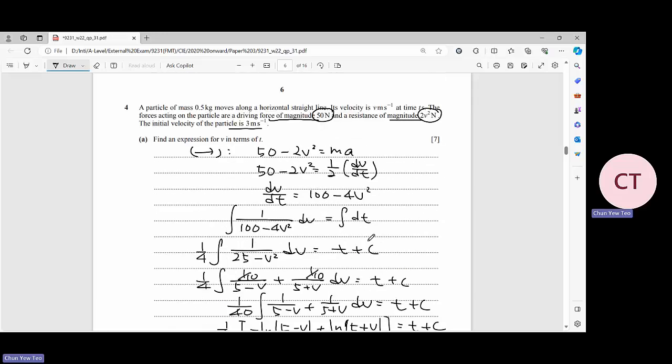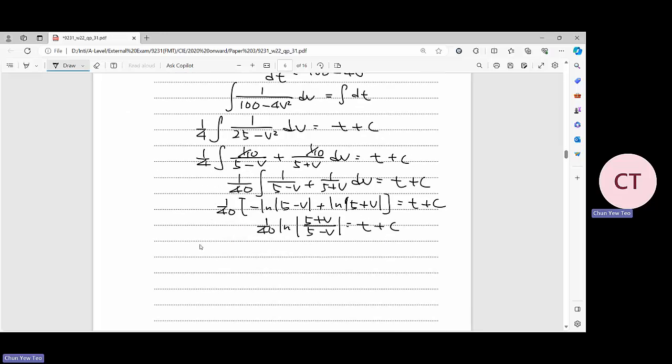So the question is giving you the information that initially v is 3. That means that when t is 0, v is 3. That will give you c equals 1 over 40 ln 4. So just put it back into these equations.